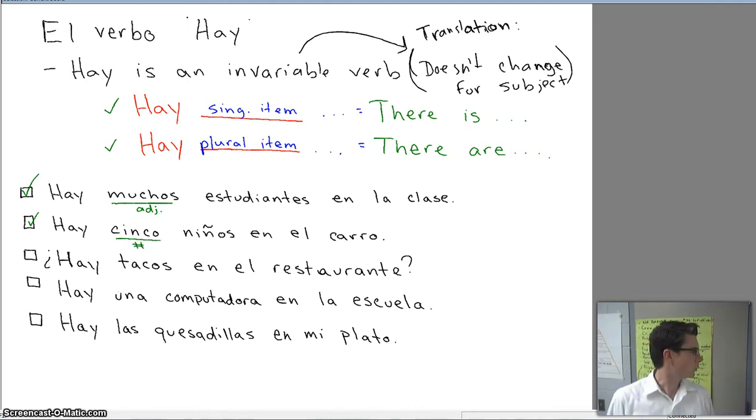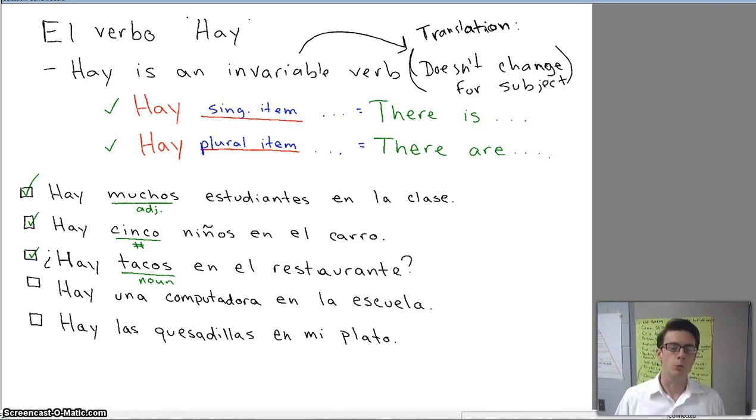Alright? Número 3. ¿Hay tacos en el restaurante? So that's a question. ¿Hay tacos en el restaurante? We're asking, are there tacos in the restaurant? Well, we can follow our verb hay with a noun. Yes, that is correct. Hay una computadora en la escuela.